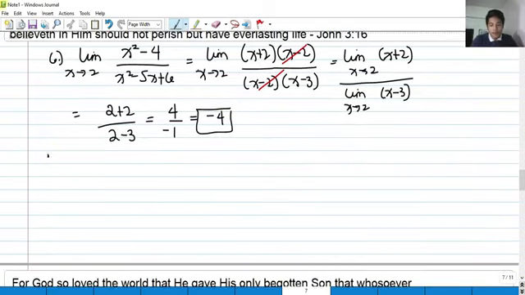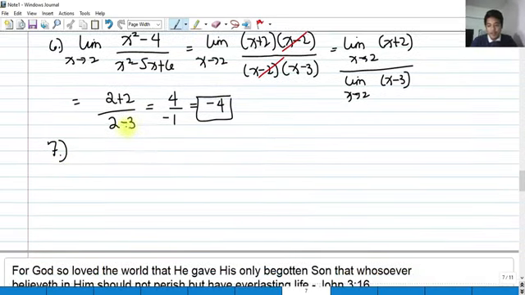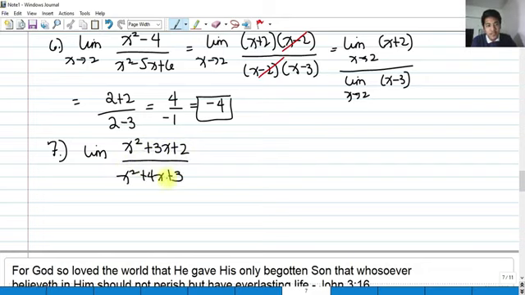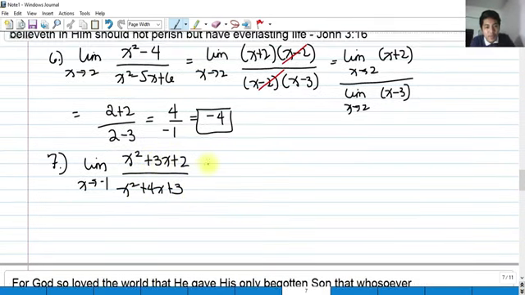Okay? And again, another problem is if we have the limit of x squared plus 3x plus 2 over x squared plus 4x plus 3 as x approaches negative 1. So the only thing that we are avoiding again is the denominator getting 0. But since this is a polynomial function, we can simply substitute the value to our x's.